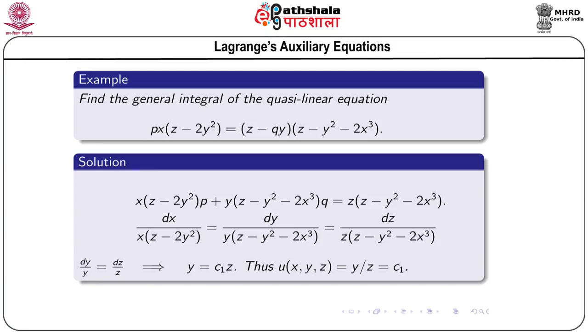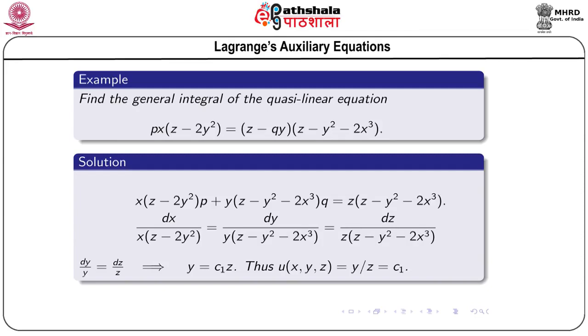Now we can write this equation in standard form as some function of x, y, z into p, plus some function of x, y, z into q, equals some function of x, y and z. So, the Lagrange auxiliary equation for this quasi-linear equation is dx by capital P equals dy by capital Q equals dz by capital R.